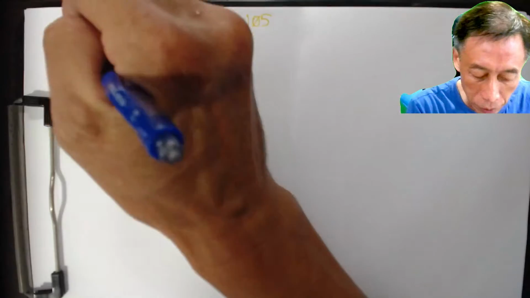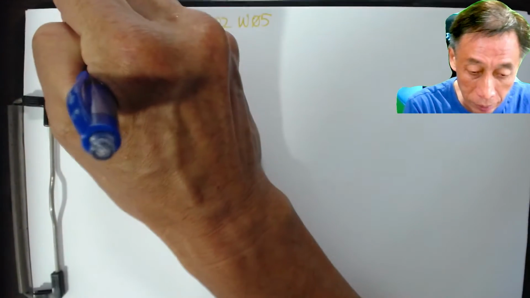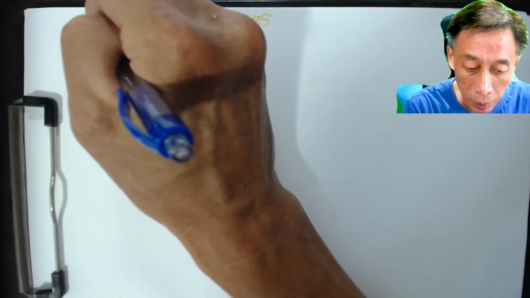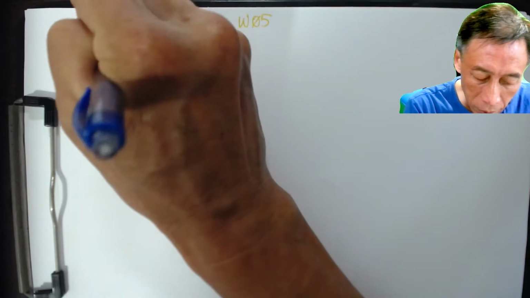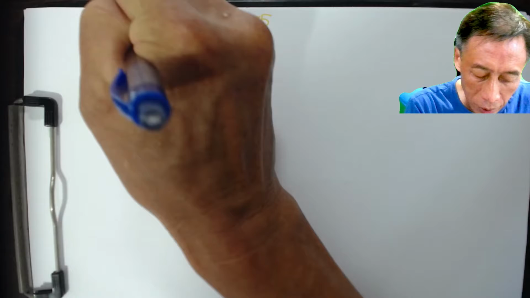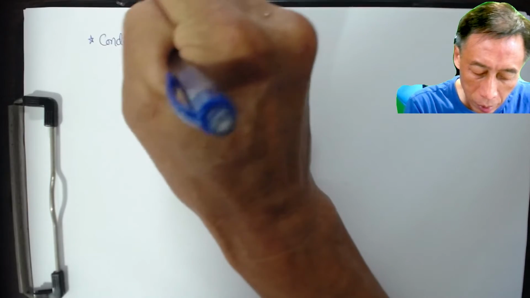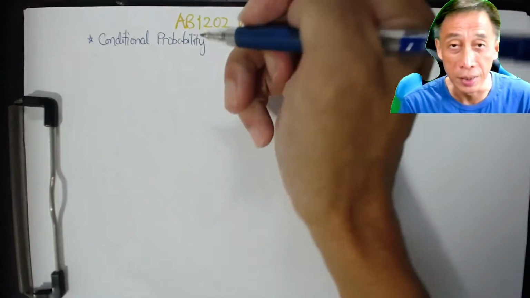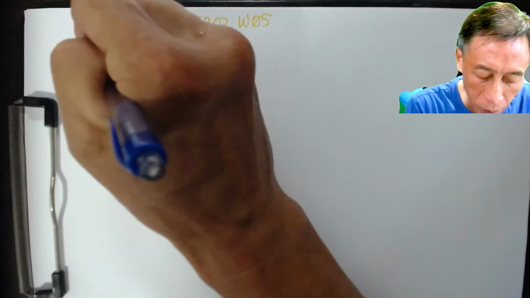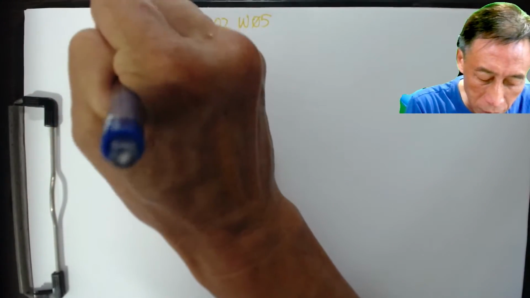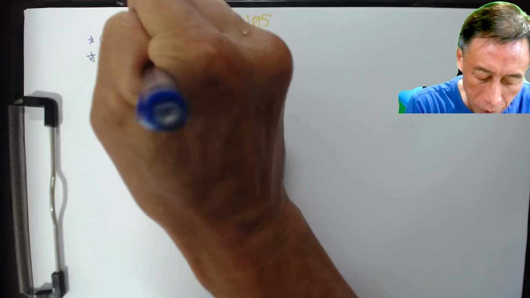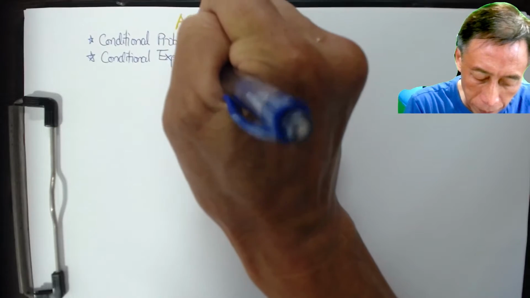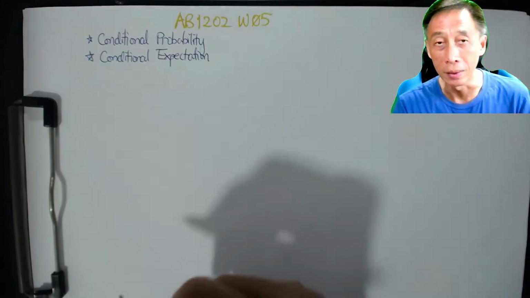So again, as usual, I like to list a few subtopics that we want to talk about. First is conditional probability, a quick revisit. Then we want to talk about an associated concept, conditional expectation, or conditional expected value.